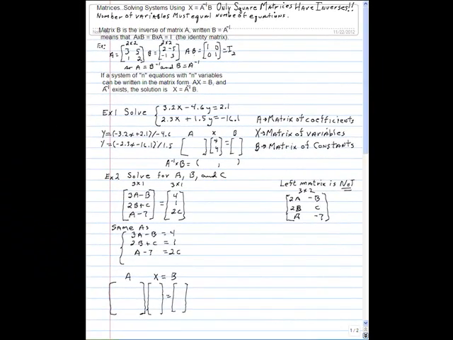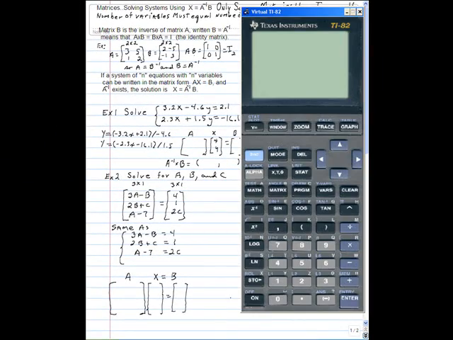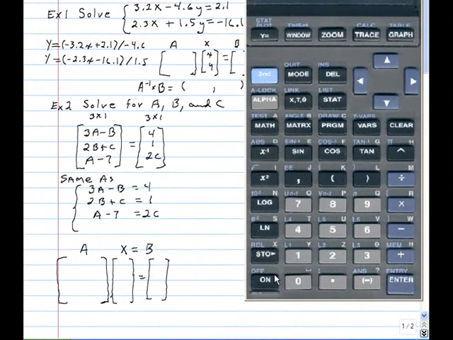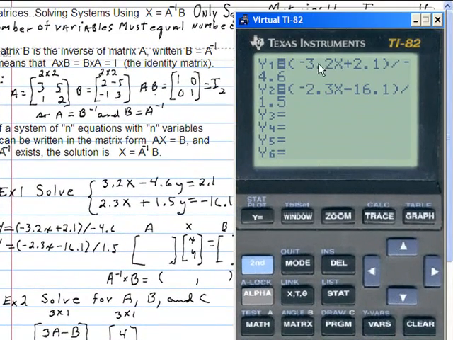And now let's bring up the calculator. So here's my calculator, and I'll show you that I've already entered the 2 equations in. Here we can verify it. Negative 3.2x plus 2.1 divided by negative 4.6, and I also have the other one in there correctly.